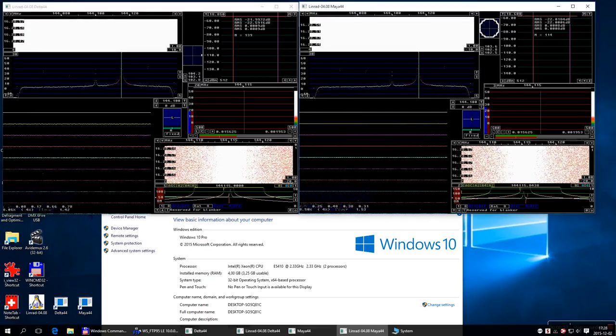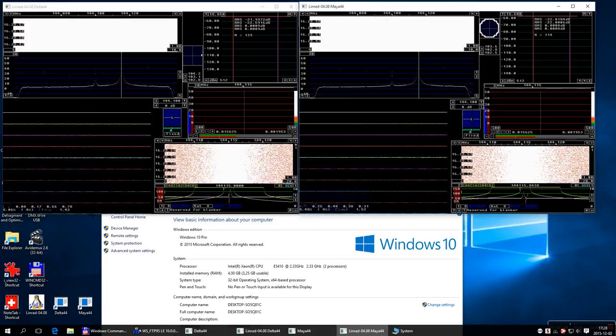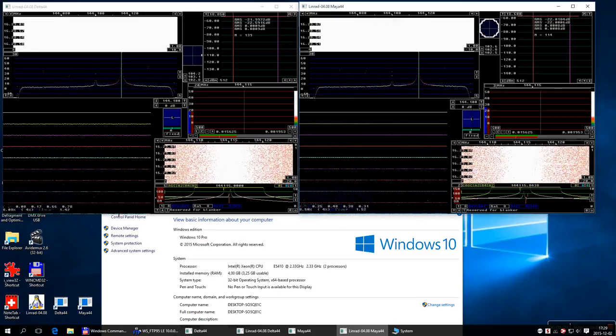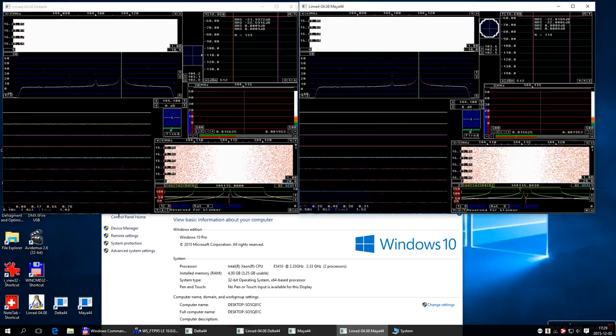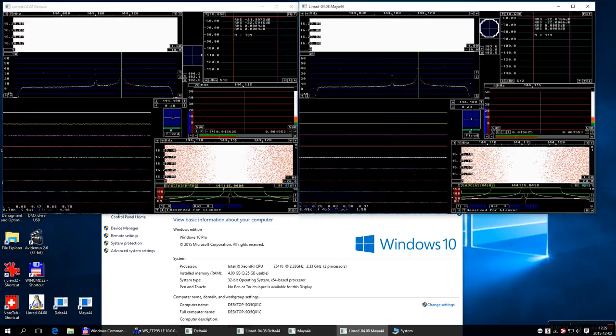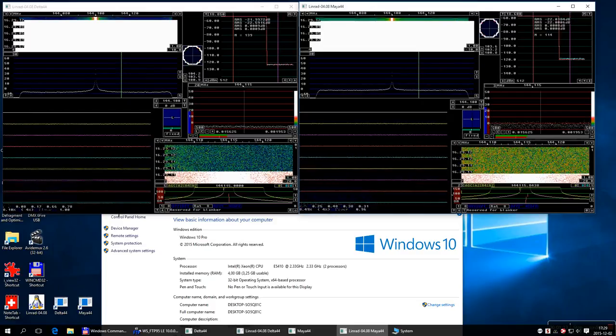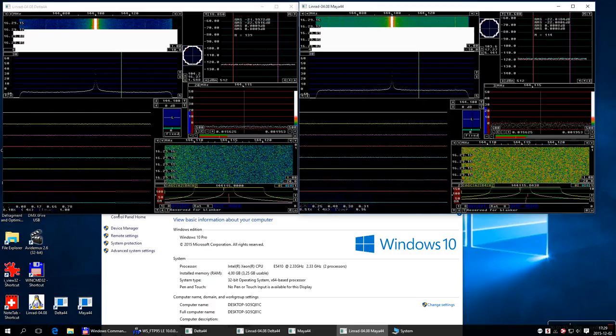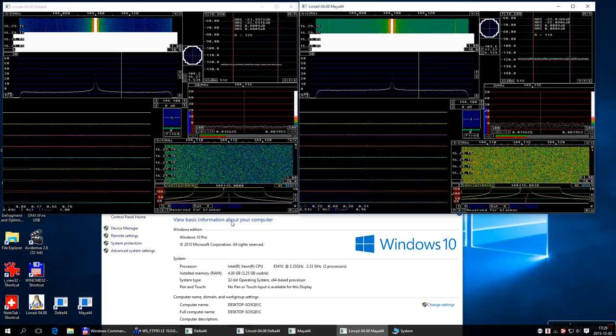The signal level is a few tenths of a decibel below the point of saturation. When I switch off the signal generator like that, then we get the noise floor. And the bandwidth is set to 10 kilohertz.